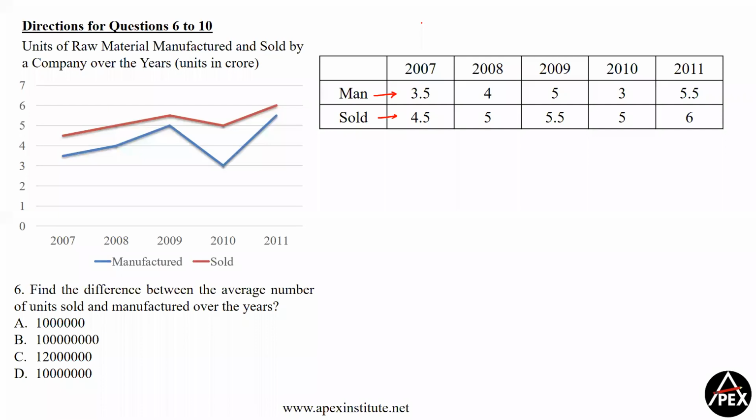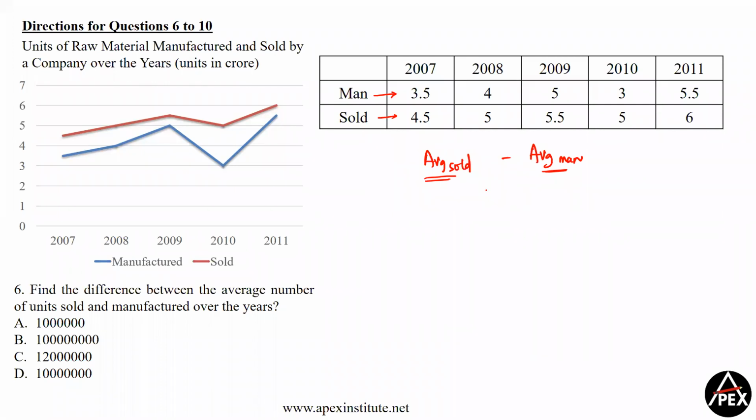Or what was asked in the sixth question? Find the difference between average number of units sold and average number of units manufactured. So how many of you have found the average number of units sold and average number of units manufactured and then found the difference? Anyone? If yes, please let me know. Okay. Quick responses.